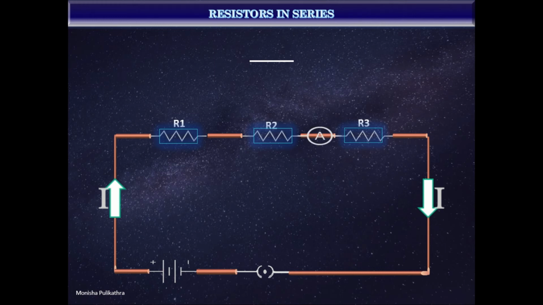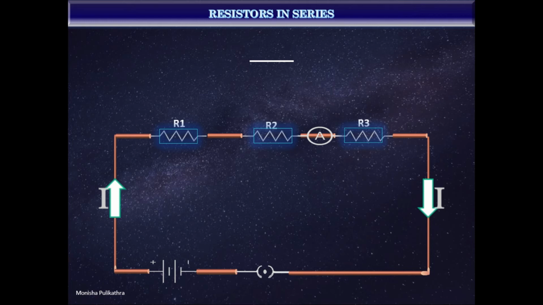What you will notice is that the current will be I amperes in each case, constant at every point in the circuit. It tells us that in a series combination of resistors, the current is the same throughout, that is I through all the resistors R1, R2 and R3.